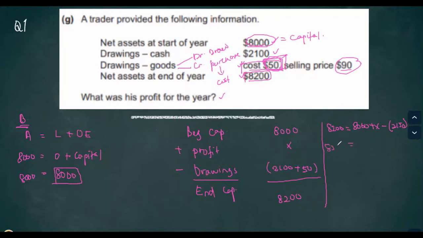So 8,200 must be 8,000 minus 2,150, which is 5,850. 5,850. So what's your X? 2,350. 2,350. There you go. So that's your X, right? So this is pretty easy. Now let's try the next question.